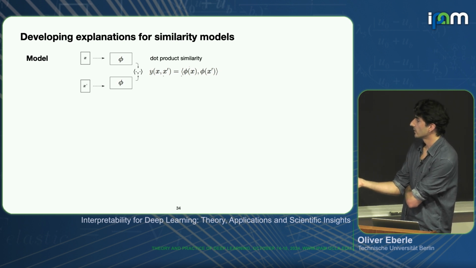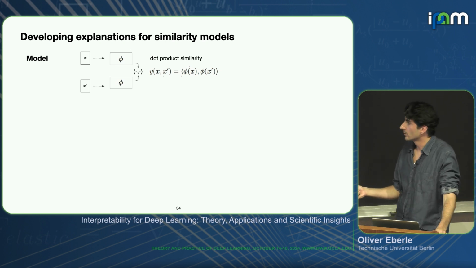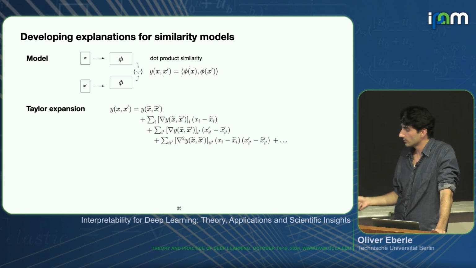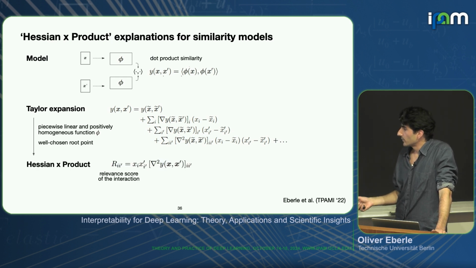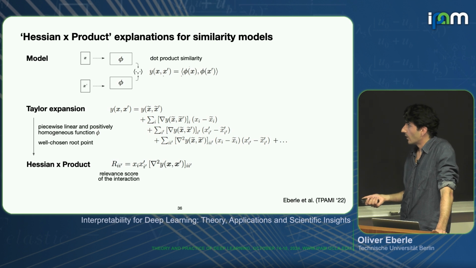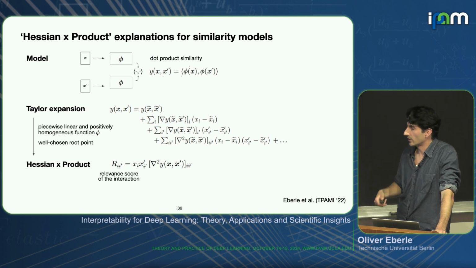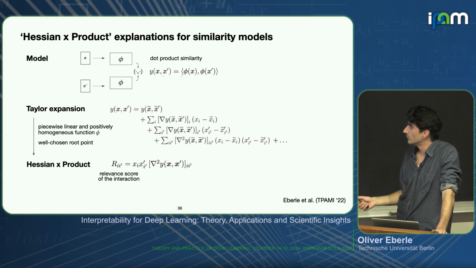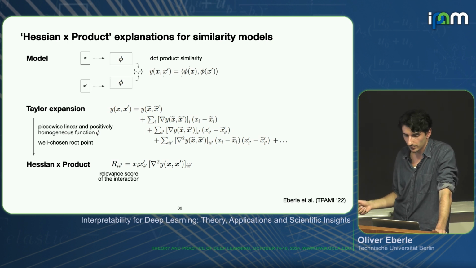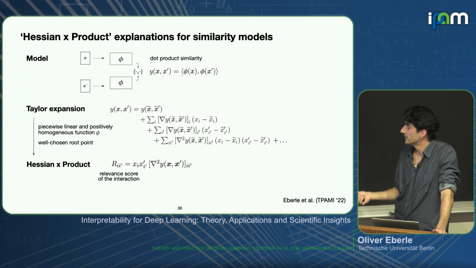And again, we're following this idea of computing a decomposition of this. So we expand the function into its terms. And now the question is, how many of these can we get rid of? If you make some assumptions on the functions that you're considering, so if you assume you have linear ReLU type of networks and positively homogeneous functions in general, and choose your root point appropriately, you can actually simplify this whole thing to second order terms.